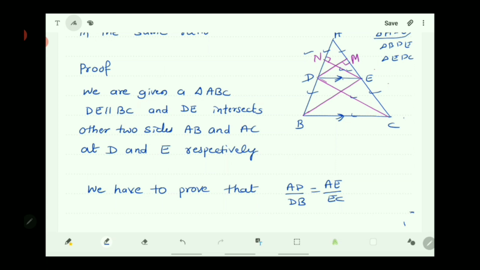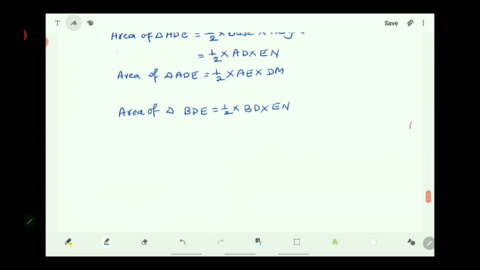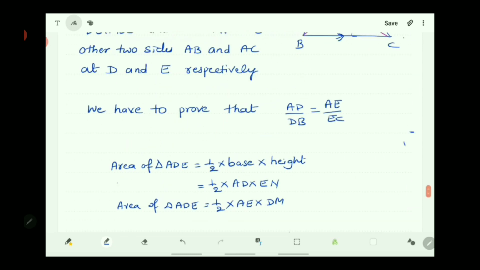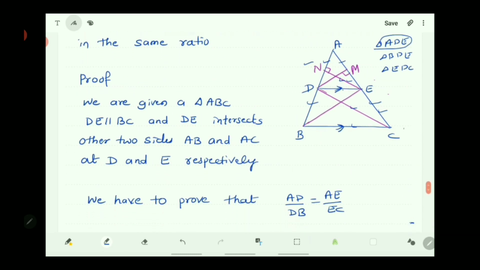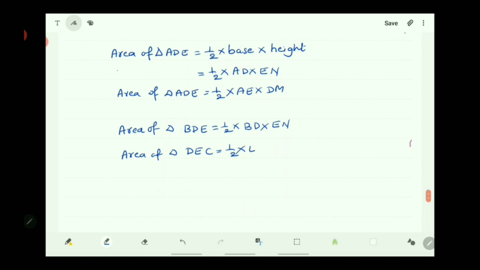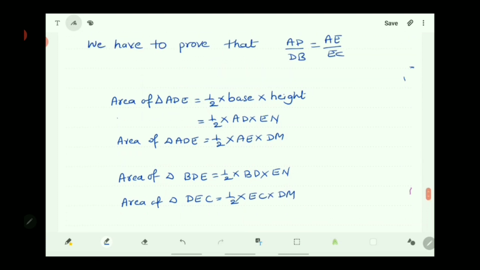For this triangle DM becomes the height. If you consider EC as the base and DM as the height, the area of triangle DEC is half into EC into DM.